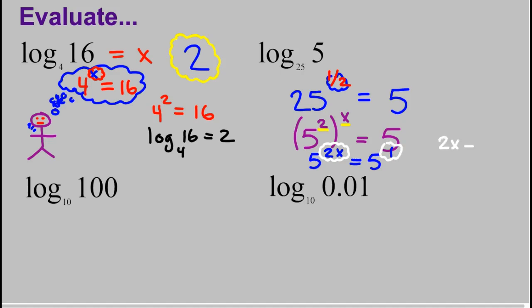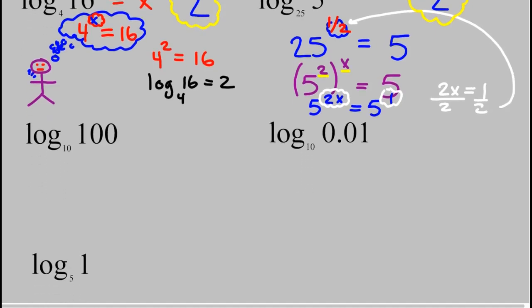When does 2x equal 1? Divide both sides by 2. X is equal to 1/2. So that's a little more of a structured approach. You don't have to do that if you have a pretty good memory of exponents, especially the weird ones like fraction ones and negative ones.